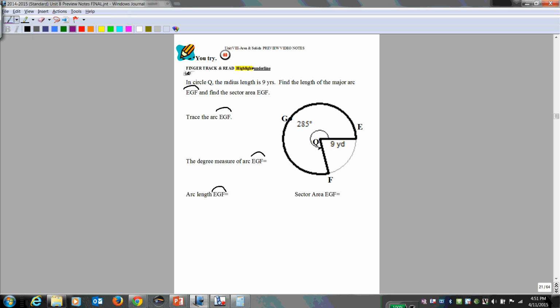Okay, let's see how you did here. So step one, it said trace the arc EGF, so that means go the long way around. We want to find the degree measure of EGF, and we already have that. That is 285. Remember, the word measure is the same as degrees.